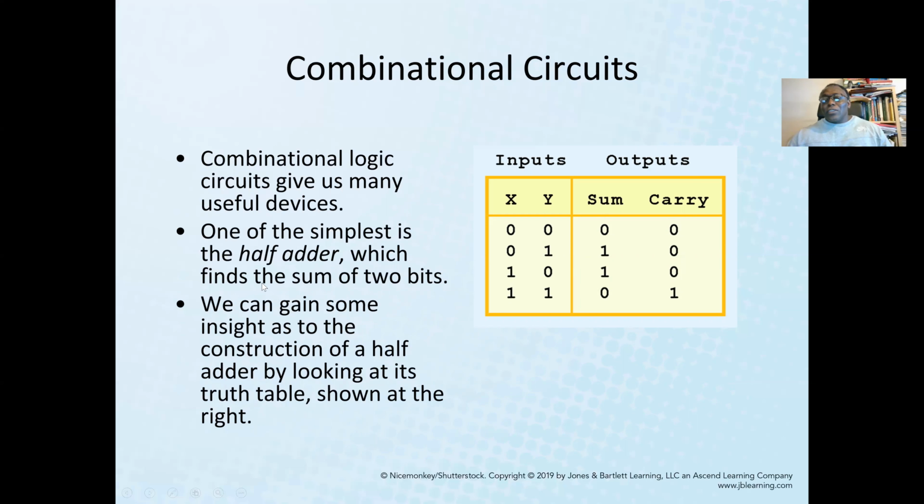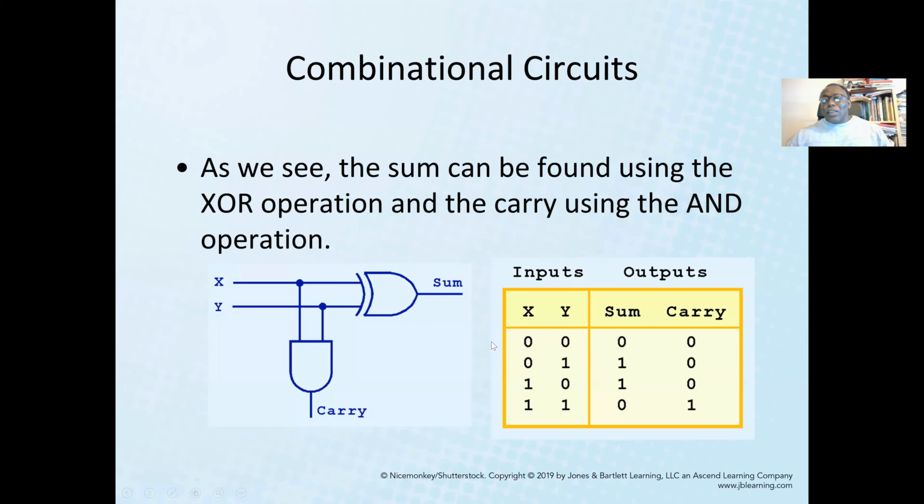So a half adder, a logic circuit that can find the sum of 2 numbers, uses two gates: one is XOR and one is AND. That is the circuit here. We have inputs X and Y. We use the XOR to give us the sum, and the carry will be the AND gate of X and Y.